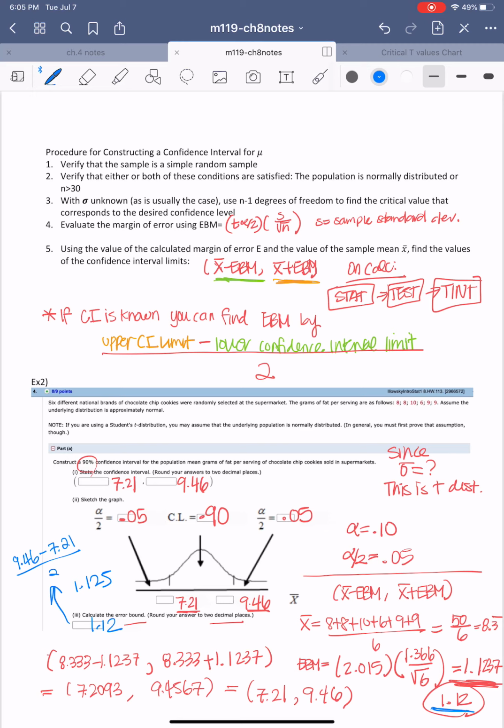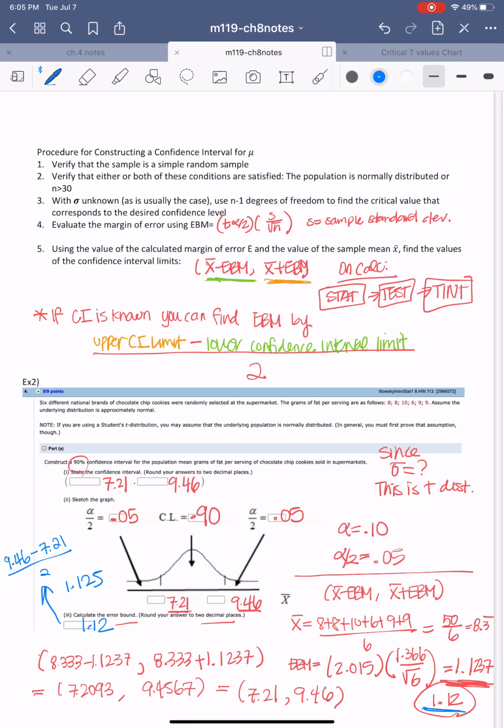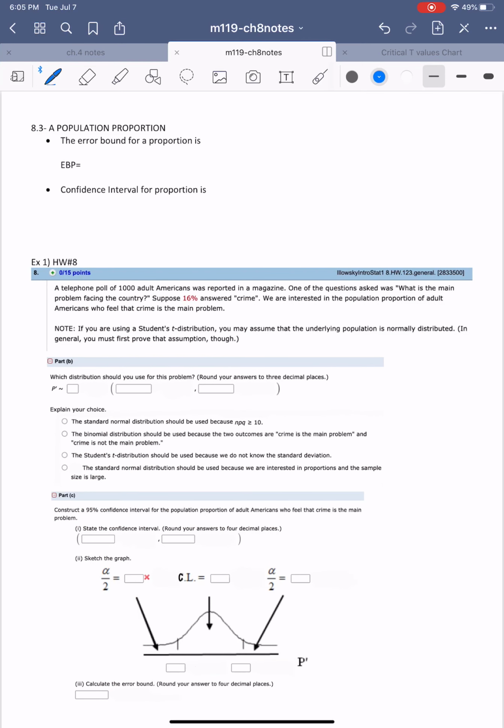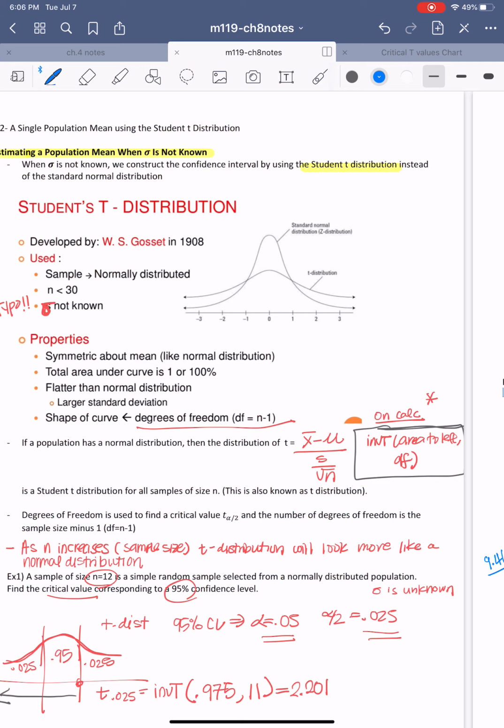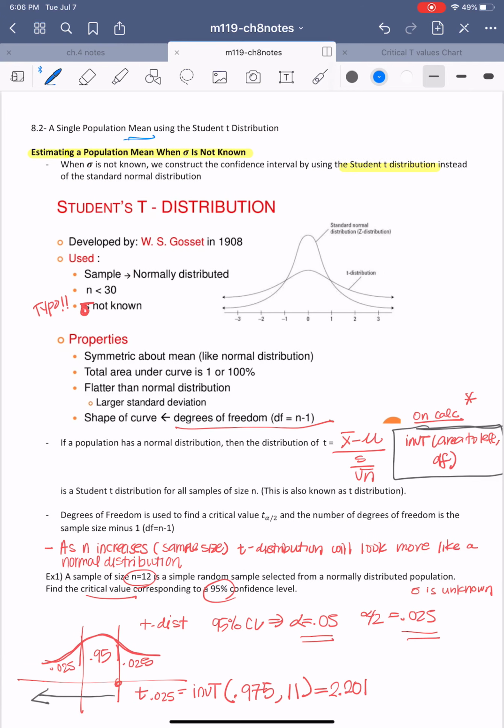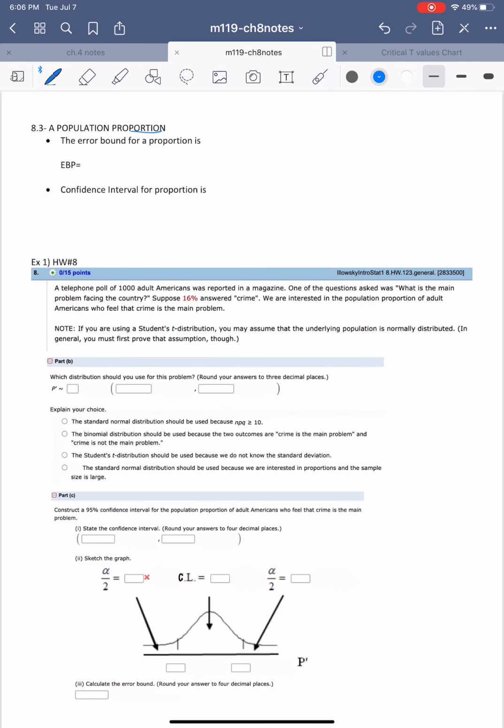All right. That's the end of 9.8.2, and we will move on to our last section of chapter 3, which is estimating a population proportion. Your parameter is not a mean anymore, it's proportion.